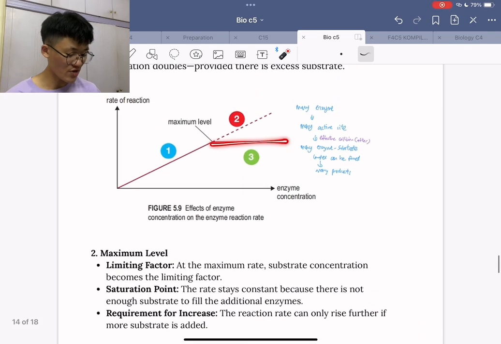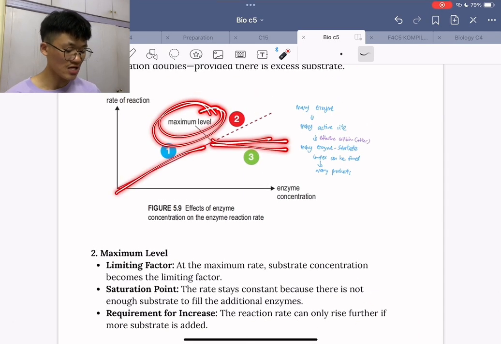So after reaching the maximum level, the rate of reaction becomes constant.